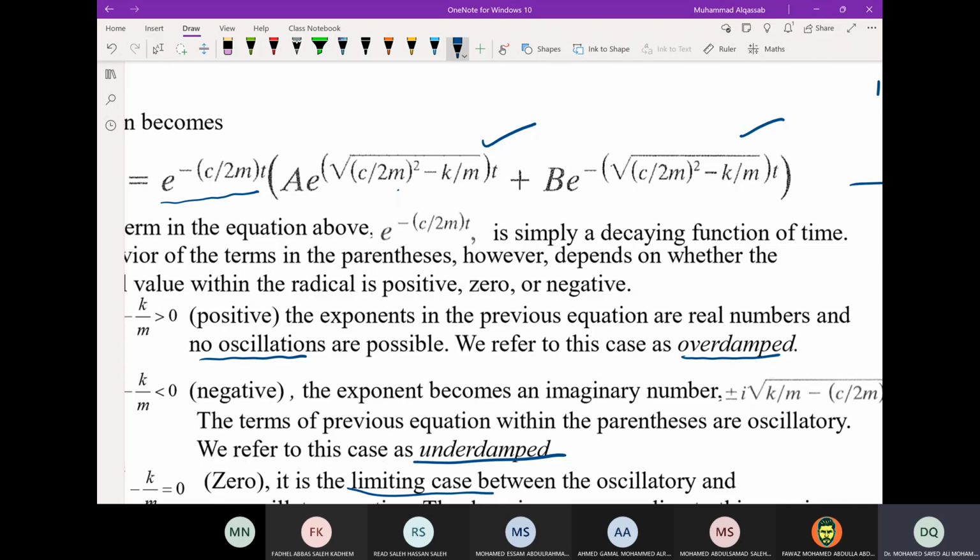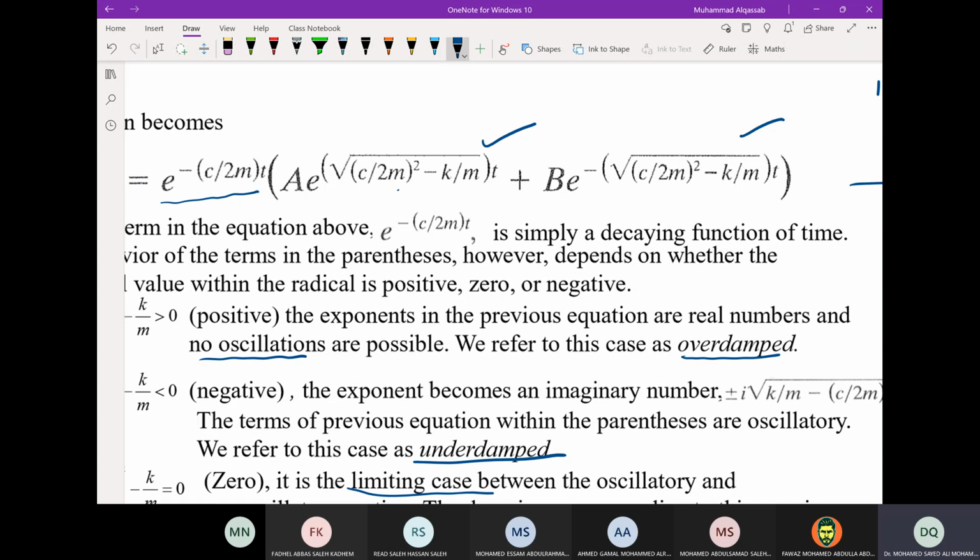This is just one constant, because A multiplied by 1 plus B multiplied by 1. So this is just one constant, and this is one solution. This occurs when the roots are repeated or double roots. Then the response will also be different.